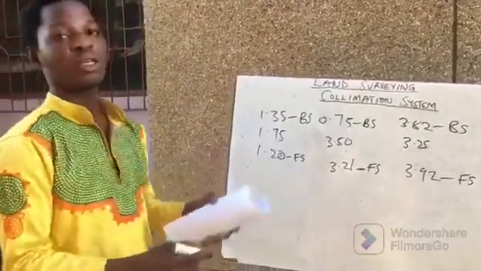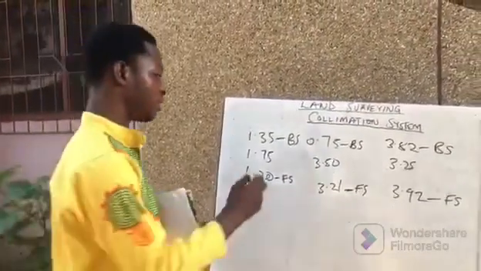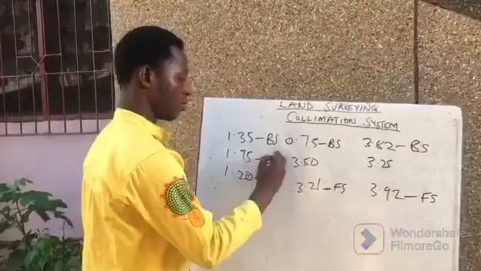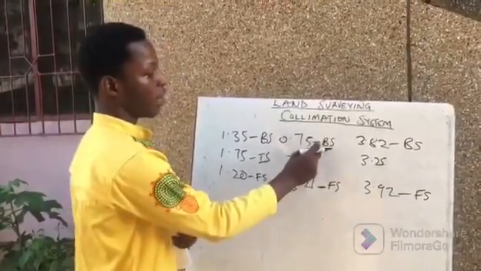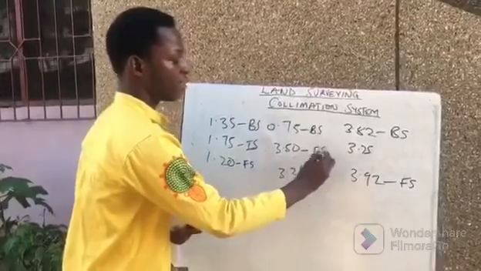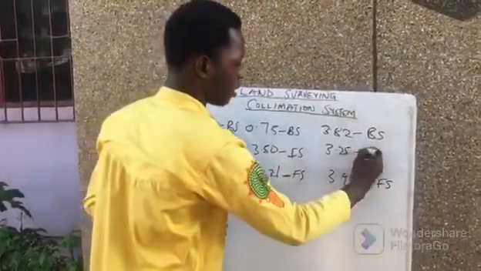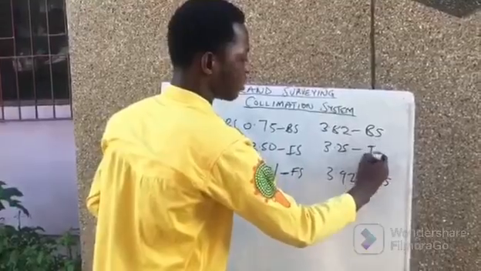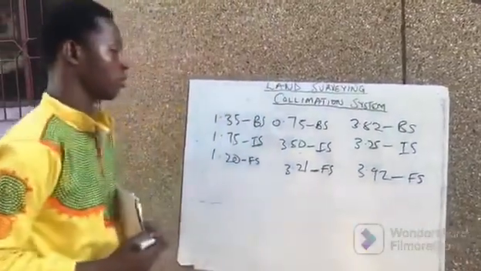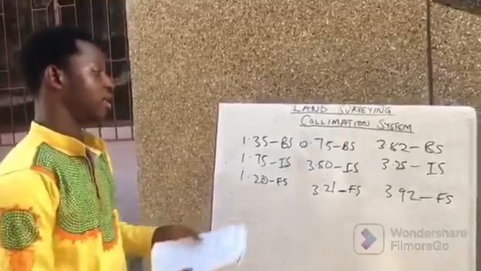In between a backside and a foresight is what? The intermediate side. So after this, my work becomes easier for me.